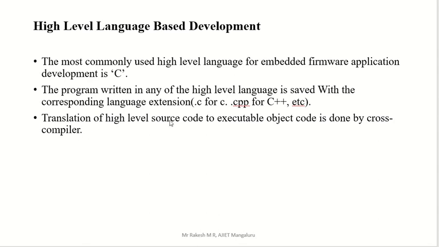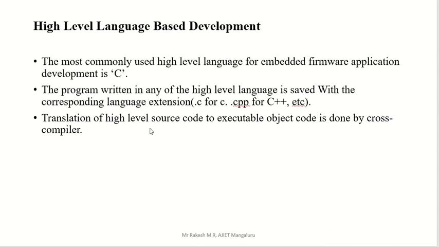Translation of high level source code to executable object code is done by a cross compiler. You know compiler, but what is a cross compiler? A cross compiler is another compiler we use for embedded C programs.